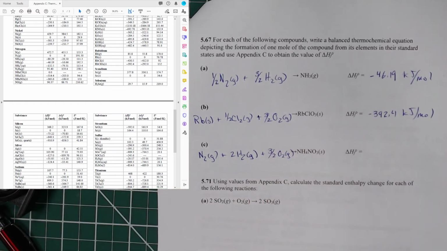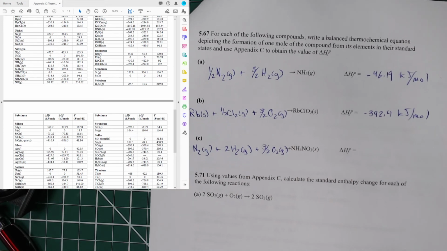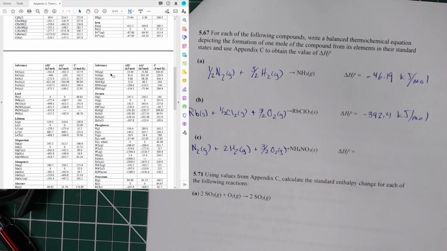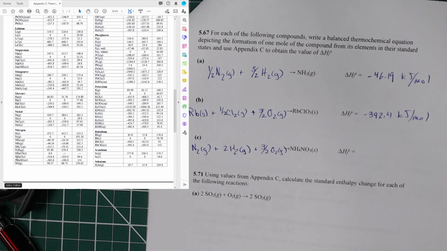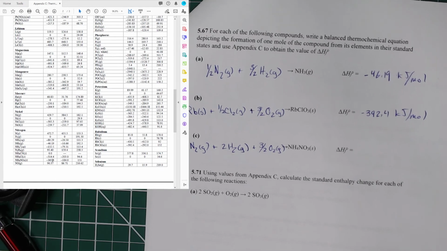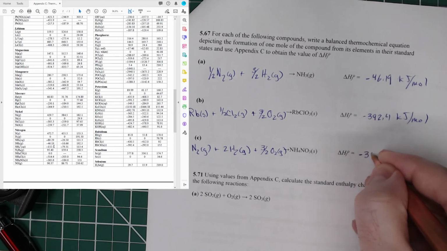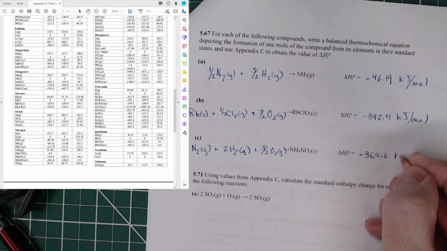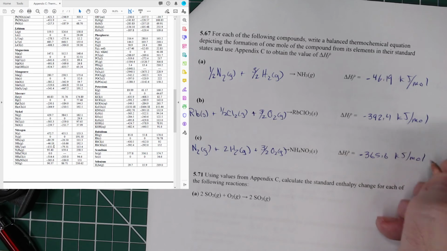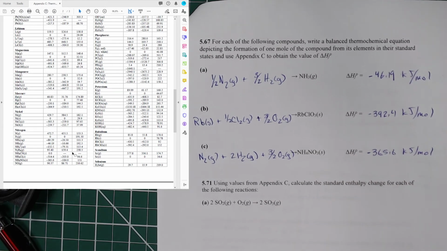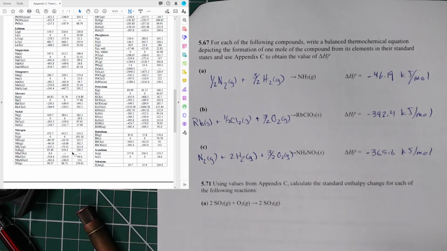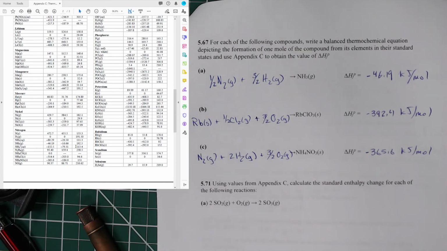And then we'll look up what that is. It's ammonium nitrate. It looks like it's right there. Negative 365.6 kilojoules per mole. All right, so those are the enthalpies of formation.